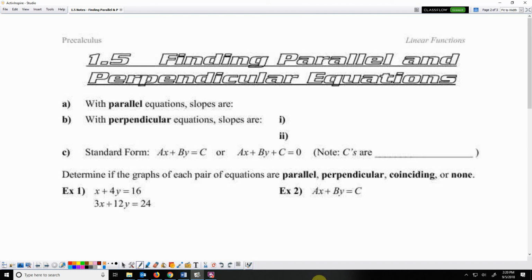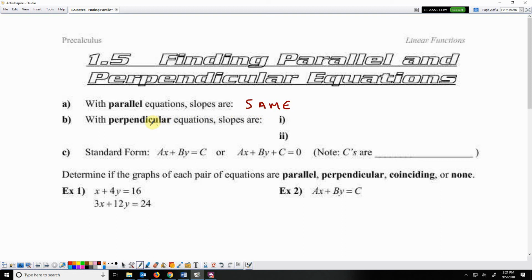Hey guys, today we are going to find equations of parallel and perpendicular lines, and in doing so we're also going to work with standard form of an equation, which is one that we may use a little bit less often. When the equations are of parallel lines, the slopes are going to be the same.